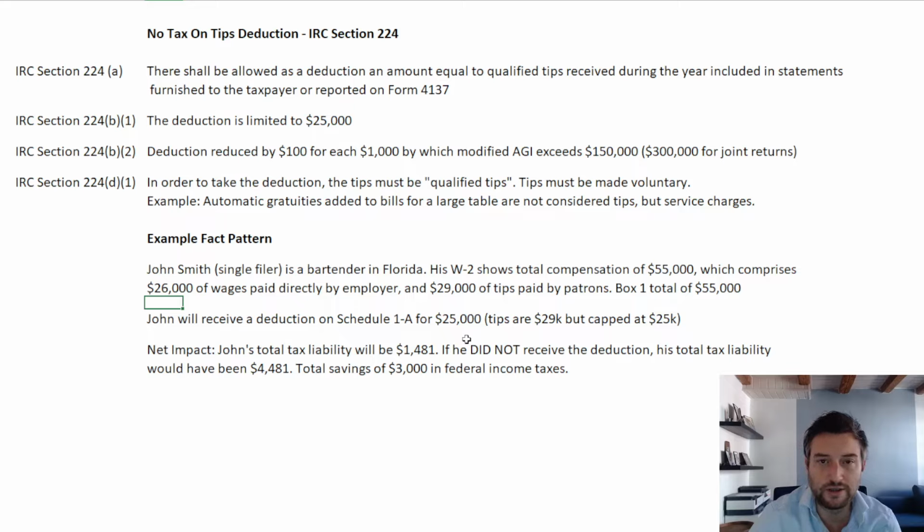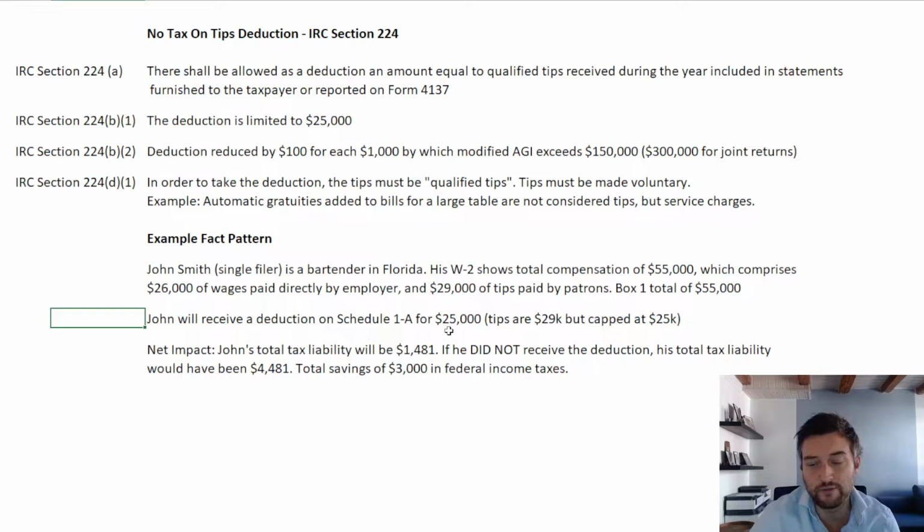And then he's got $29,000 of tip income that was paid by patrons, right? People that came in and then he served them their drinks. So his total comp is 55, and it's those two components. So it's the tip income of 29K that we're looking at to try to get a tax deduction. Now, when we have a look at his return, what we'll see is that he's going to get a deduction for $25,000.